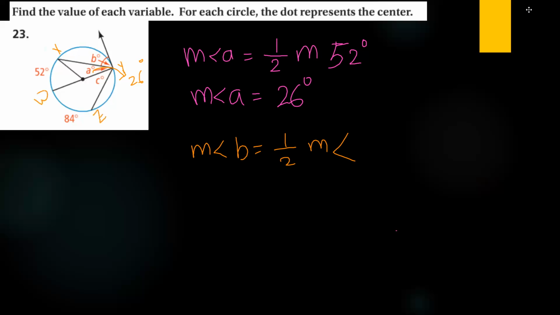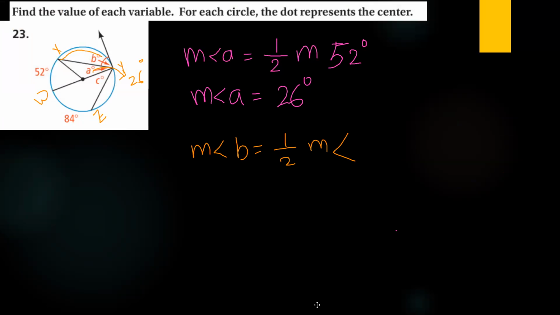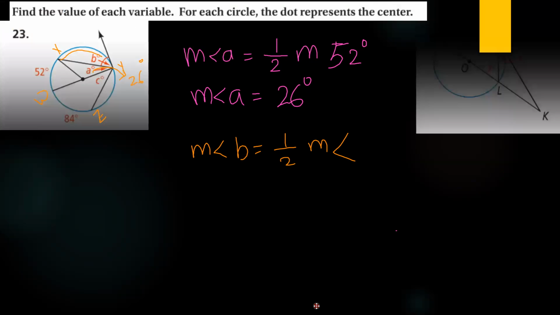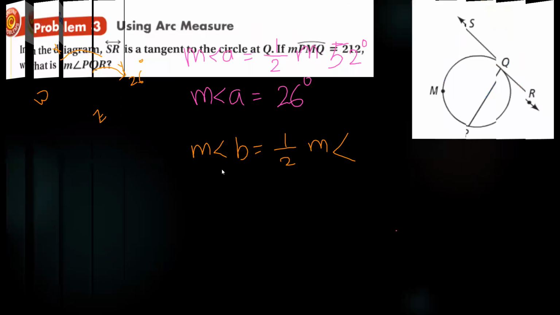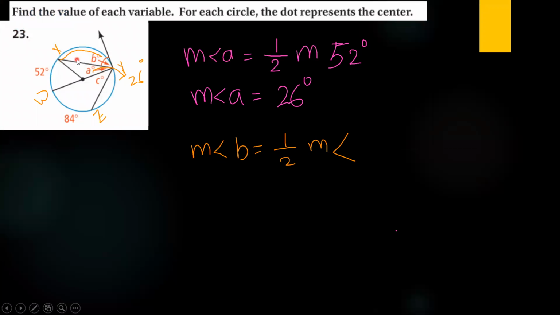Since XWY is a semicircle, if this is 52, then this arc here will be 180 minus 52.